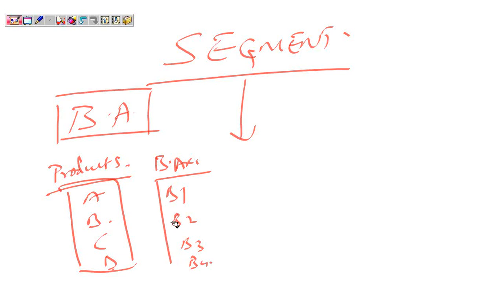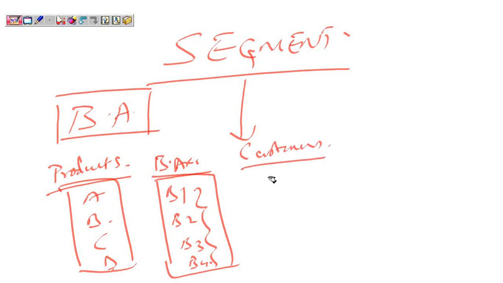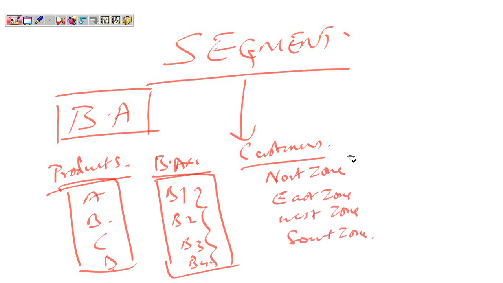Okay, let's say it is a geographical base, and also it has customers called groups. Okay, these are all groups, like say north zone customers, east zone, west zone, and south zone. For example, we are taking zonal wise.